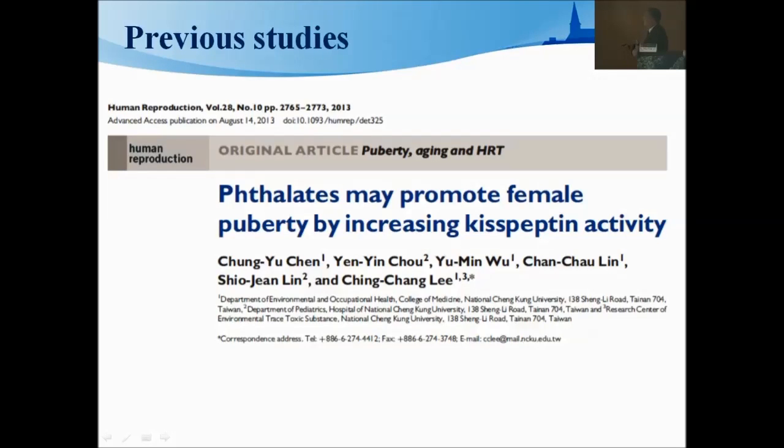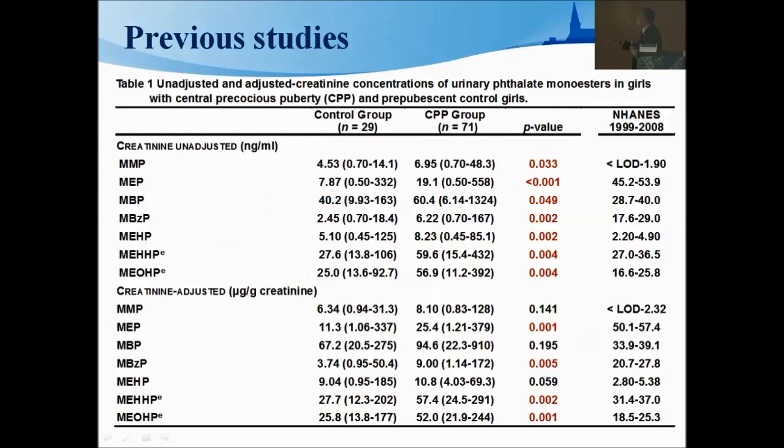The title is "Phthalates may promote female puberty by increasing kisspeptin activity." We collected central precocious puberty girls, 31 subjects, and 29 controls, at National Taiwan University Hospital. We found the urinary phthalate levels in the CPP group, all the phthalates, are higher than in the control group.